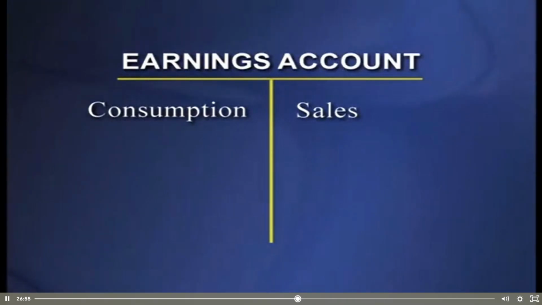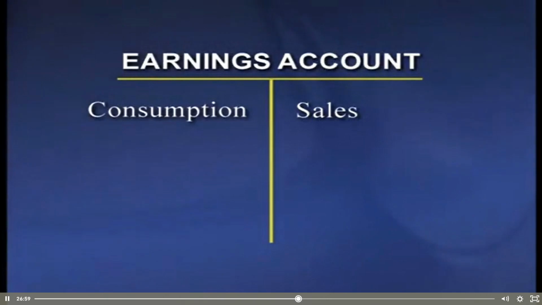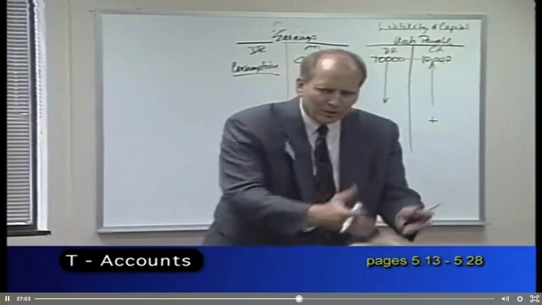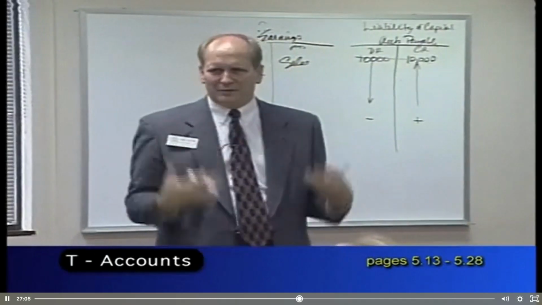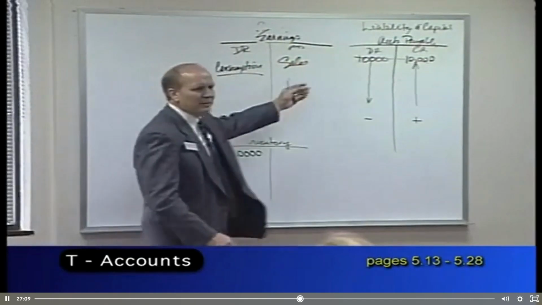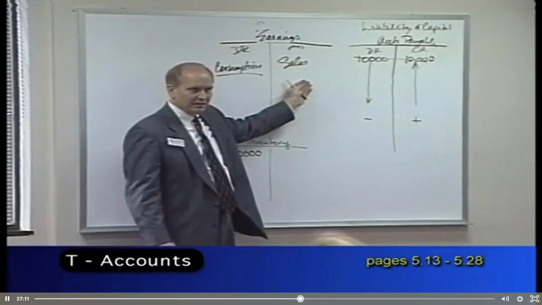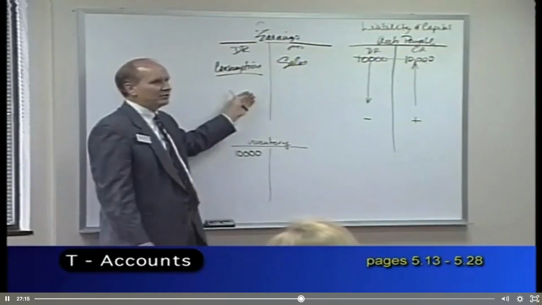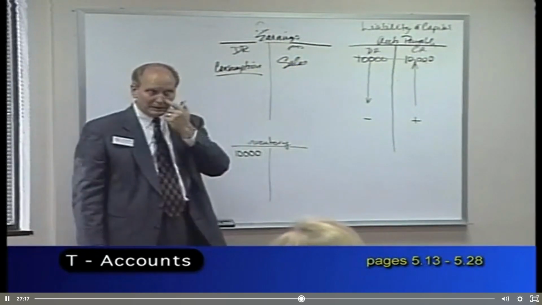And anytime we consume something, it's going to be a debit to earnings. When we sold merchandise, in order to make that sale, we had to give merchandise away. We had to consume that inventory, didn't we? And so we increased earnings by making a sale, crediting it. And any time we use something up in the process of making those sales, it's consumption, we debit it. Okay?